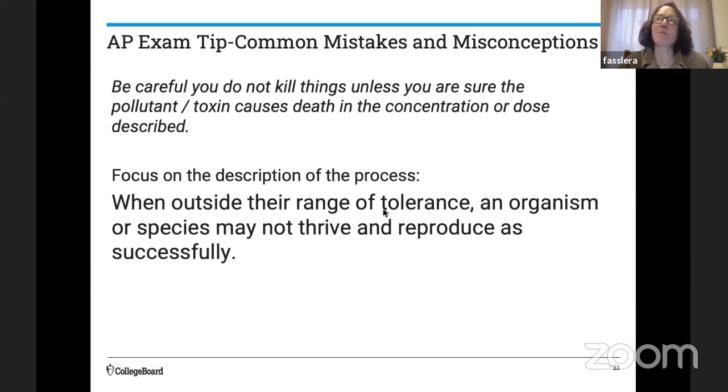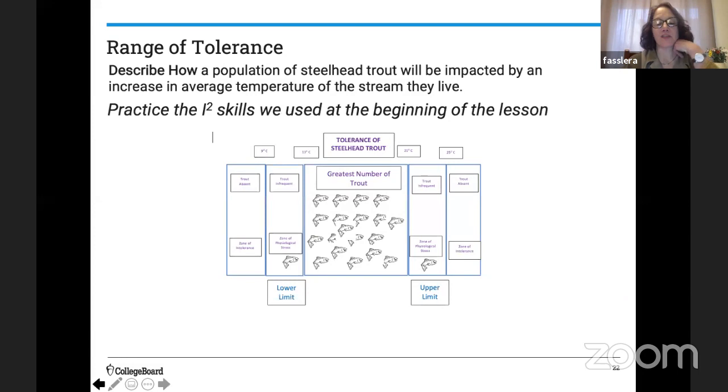But if the specific question that you're addressing, for example, if I look back on my steelhead trout here, I don't know off the top of my head what the range of tolerance is for a steelhead trout. And I don't know if 9 degrees is necessarily going to kill them. I mean, according to this, that's the zone of intolerance. They're probably not living there, but these labels maybe wouldn't have been on a diagram. So you want to be careful.